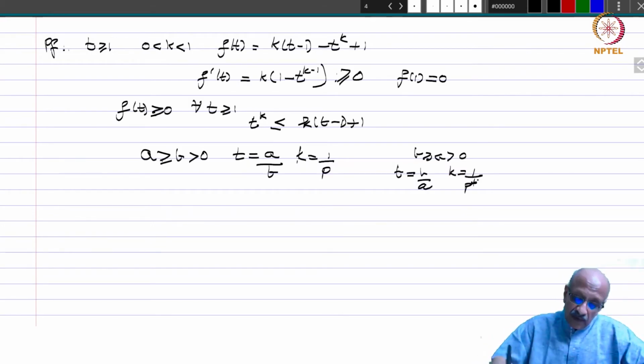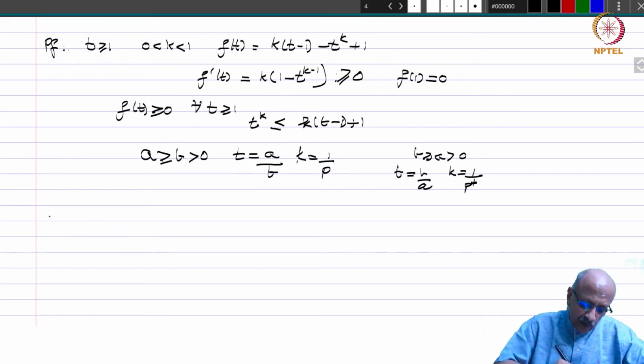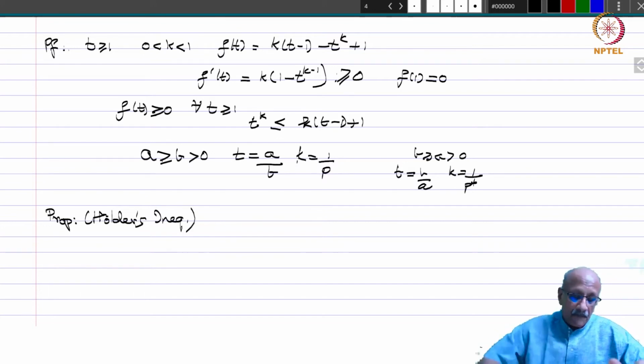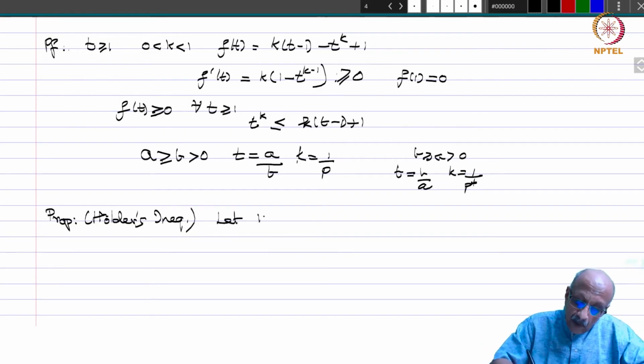So using this particular lemma, we now prove an important result. Proposition: this is called Hölder's inequality. Let 1 < p < infinity, and p star the conjugate exponent.